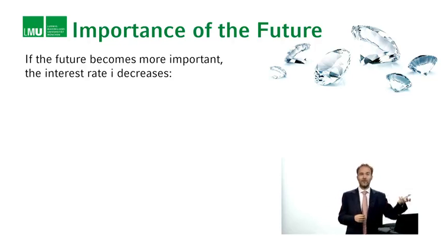So if I could invest $100 today and the interest rate is very small, then $100 today would almost be the same as $100 tomorrow. Okay? If on the other hand, the interest rate is very high, this means that $100 today are worth a lot more to me than getting $100 tomorrow, because I could invest it at an interest rate of I during that year.